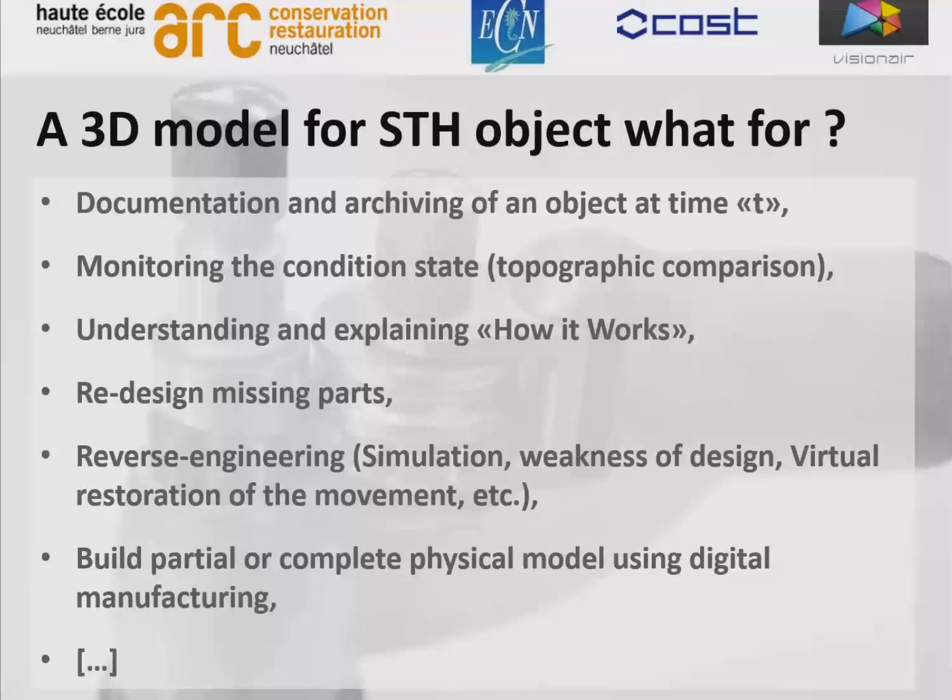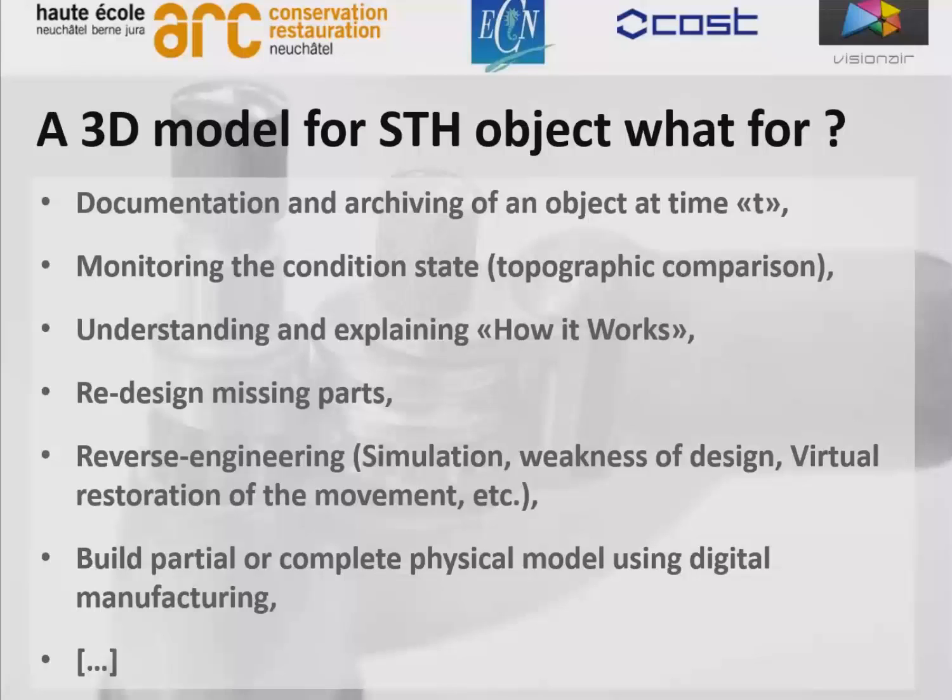I consider the time t as the state of an object, because with the aging of the object you can have development of corrosion, for example, abrasion, loss of materials, loss of pieces, and we can document an object at a specific time, and that can be really useful for a museum or for research.